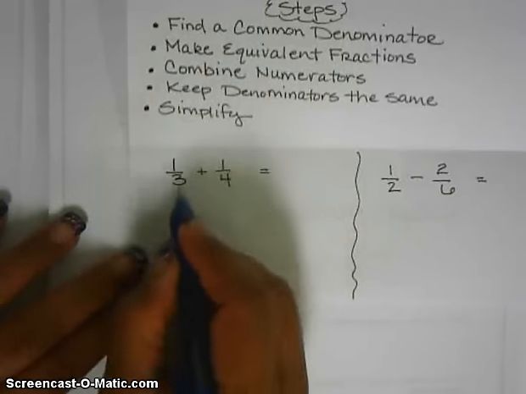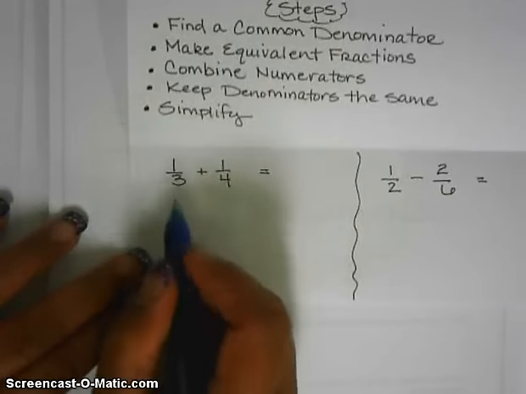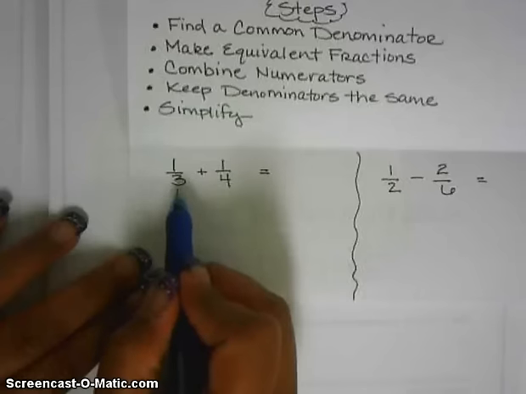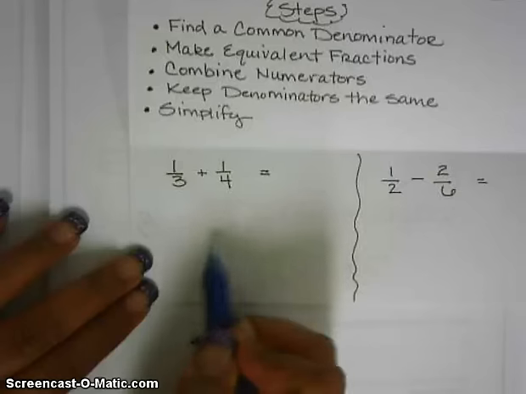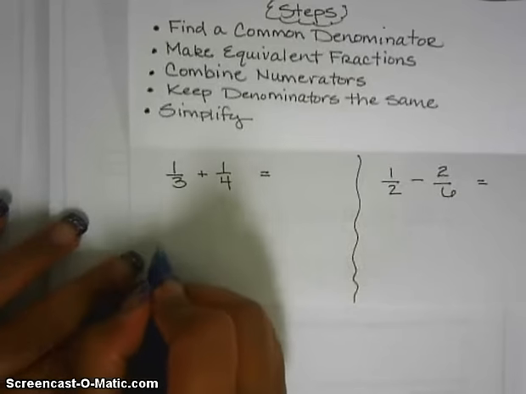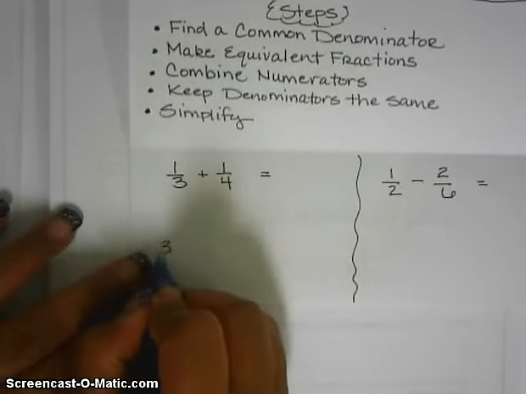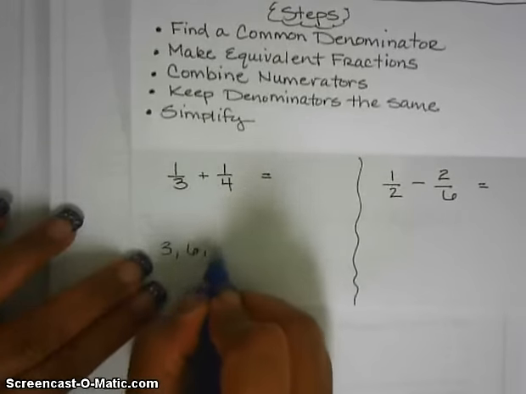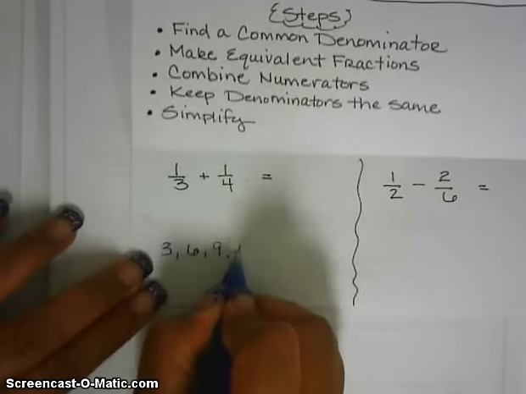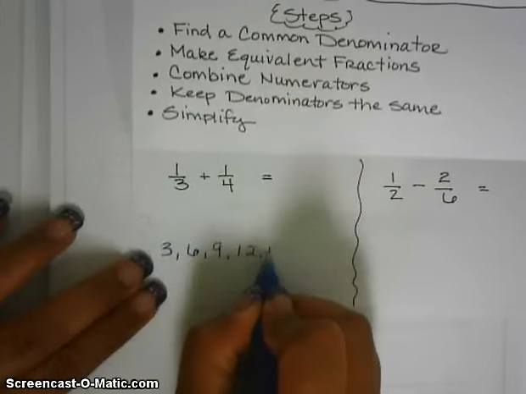And so the way you're going to find a common denominator is you're going to skip count, list the multiples of each of the denominators until you find the first one that they have in common. So I'm going to do that down here. I'm going to start with 3. I know that the next multiple is 6, and then 9, 12, and I'm going to list one more, 15.